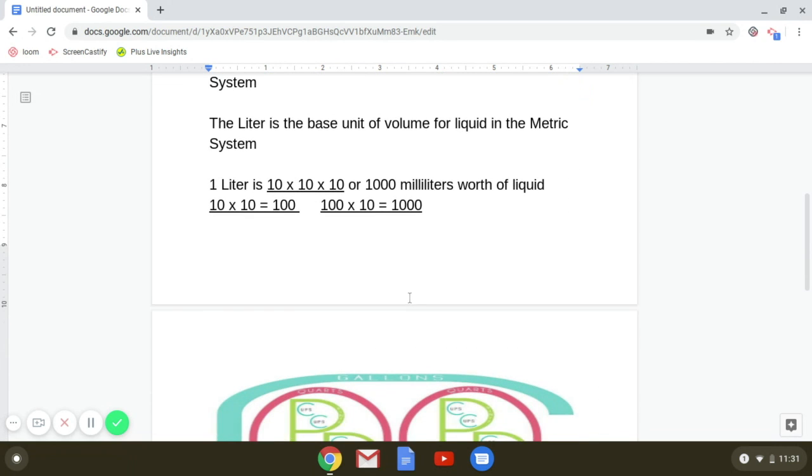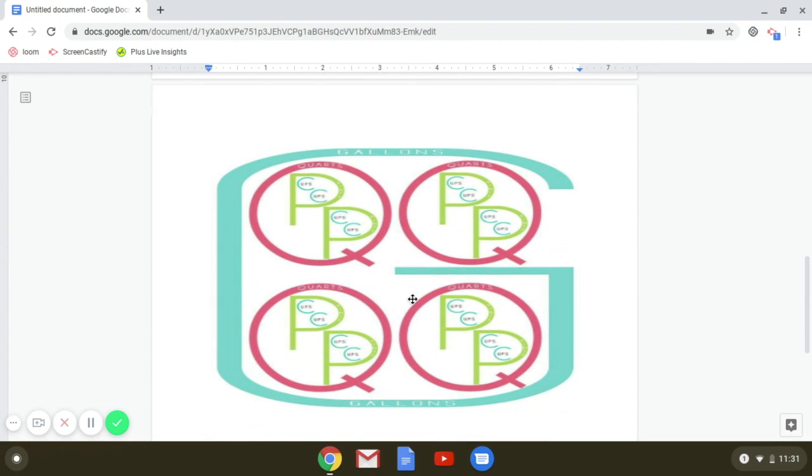I just want to show you right at the end here a quick visual of the difference between metric and customary. This is a cool visual I found of the customary units of measurement for liquid. The big G represents the gallons, the 4 Q's represent the quarts, and each quart can hold 2 letter P's, which represent pints, and each letter P can hold 2 letter C's, which represent cups.